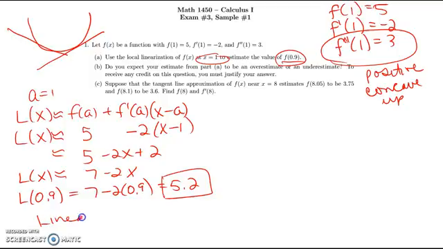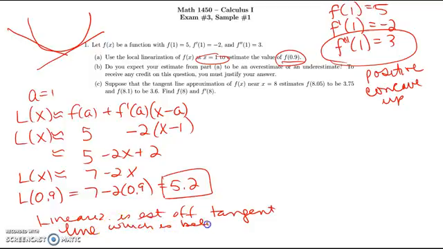The linearization is based on the tangent line, which is below the curve. So that means it's an underestimation.